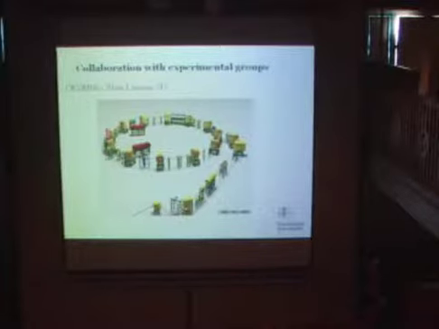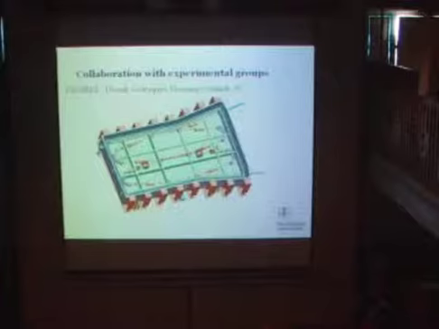This ring is now mounted down. It's shipped, or it will be shipped to Germany. Instead, they are building a new storage device in Stockholm. And this device, Desiree, is an electrostatic storage device. Here they will store positive ions and negative ions. And in one section here, they are merged, the two beams.